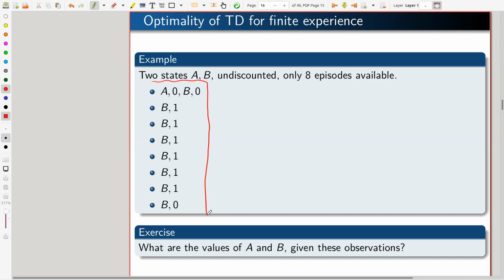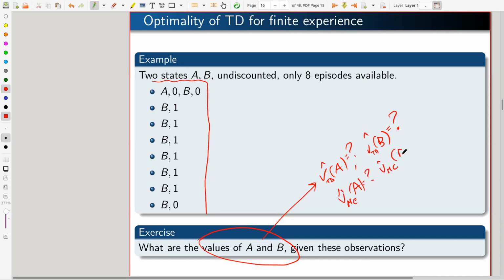And the question is, what are the values of A and B? The estimate of the value of A and the value of B, and of course the estimate according to temporal difference and the estimate according to Monte Carlo.